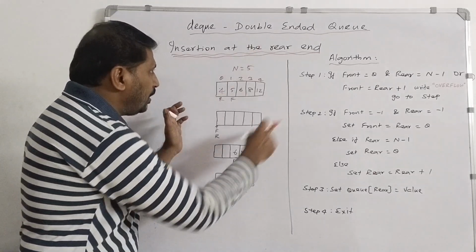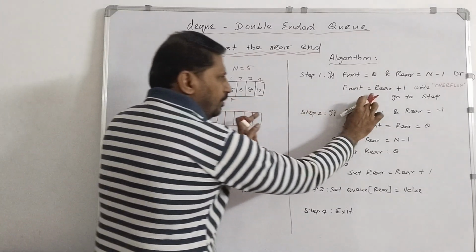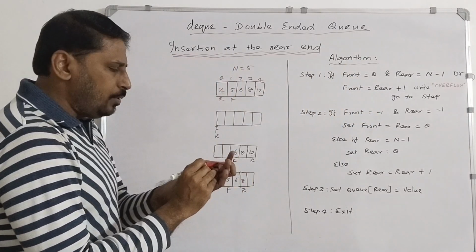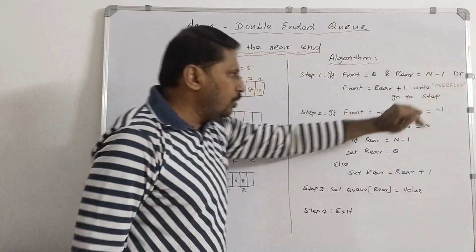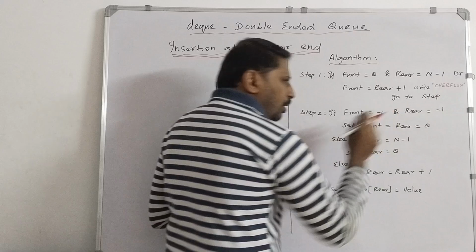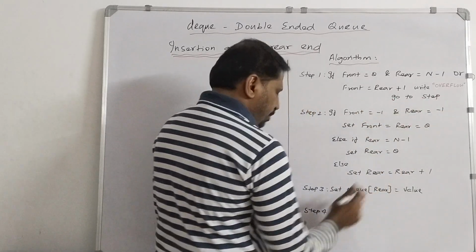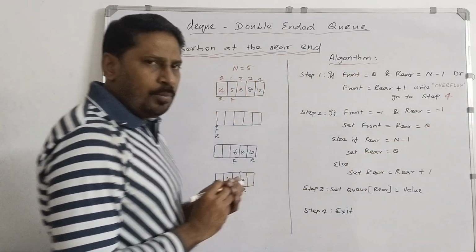In a circular double-ended queue, if this is the scenario, the queue is full. So in both cases, the condition is overflow. In an overflow condition, we are unable to do anything, so we stop the process. That's why we go to step number 4 here and exit the process.